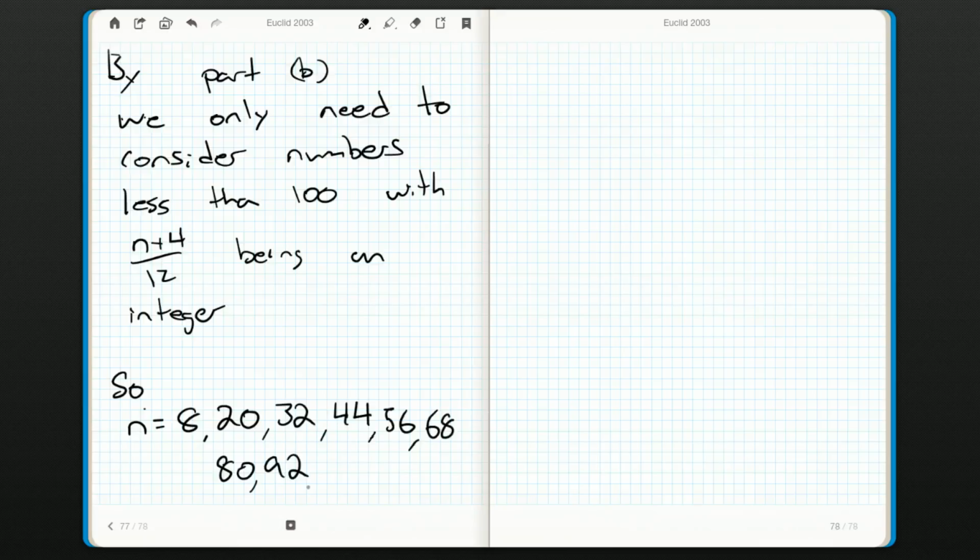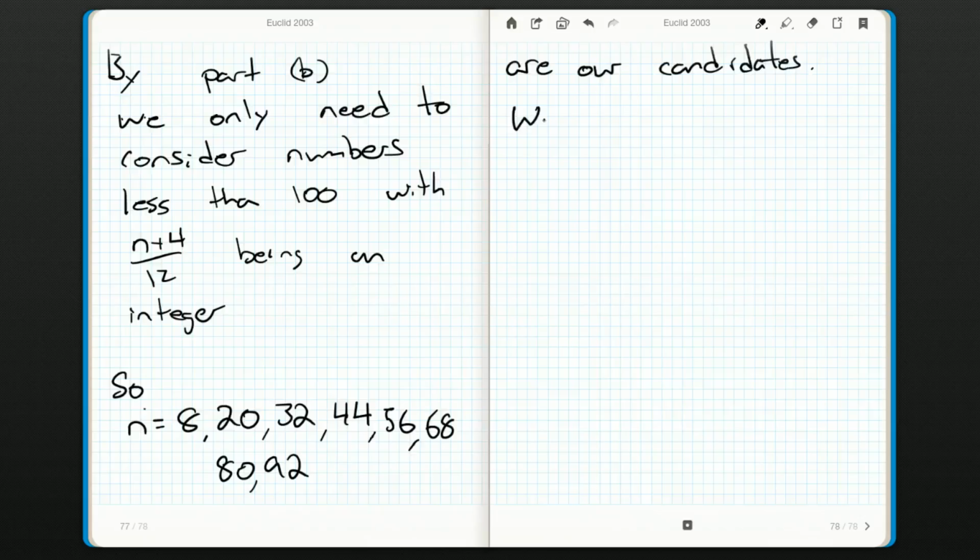This isn't our list, but these are our candidates. So we already know 8 is savage.